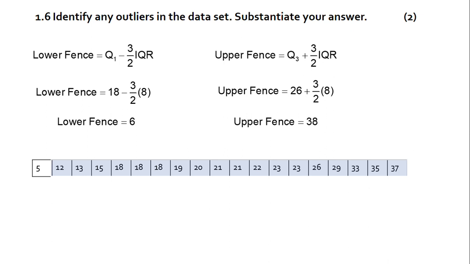What you will notice is that our maximum is 37, and if we had an outlier on the upper side, it would be greater than 38. But since our maximum is 37, that means there is no outlier in the upper limits. However, on the lower side, an outlier should be less than 6. So you can see our minimum is 5, and that means that 5 is an outlier.